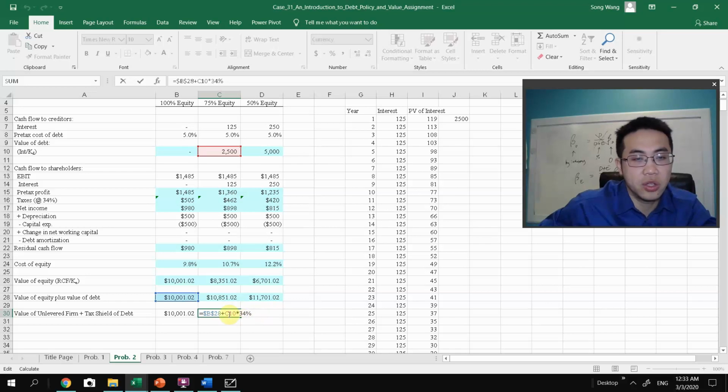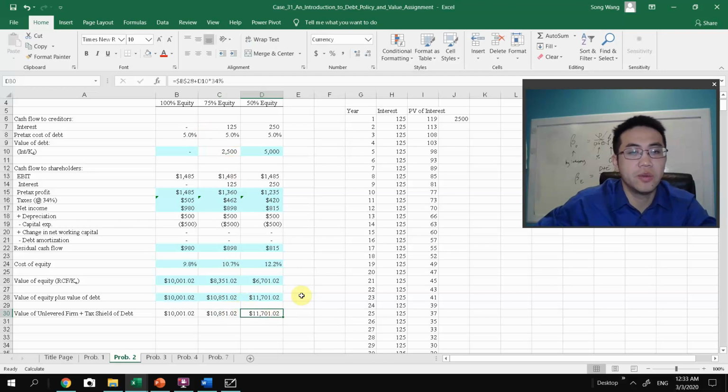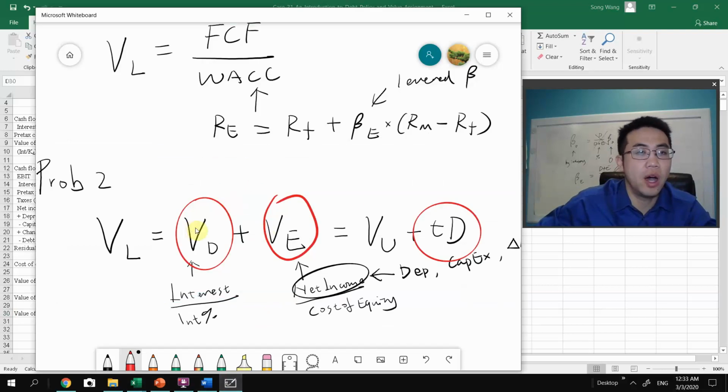So that's a tax shield provided by the amount of debt of 2,500. And then I drag it, and you will see the numbers do match. So there are several ways to get this firm value. One is to use the free cash flow divided by the WACC. Another is the value of debt plus value of equity. The third is the value of an unlevered firm plus tax rate multiplied by whatever the debt is.